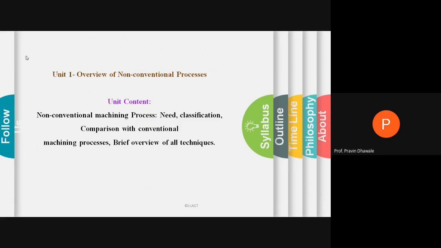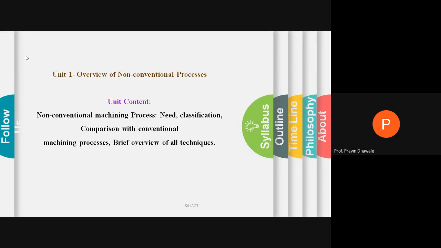To start with, you must know what a process is, meaning the manufacturing process or machining process. The machining process can be divided into two types: first, primary machining, and second, secondary machining.